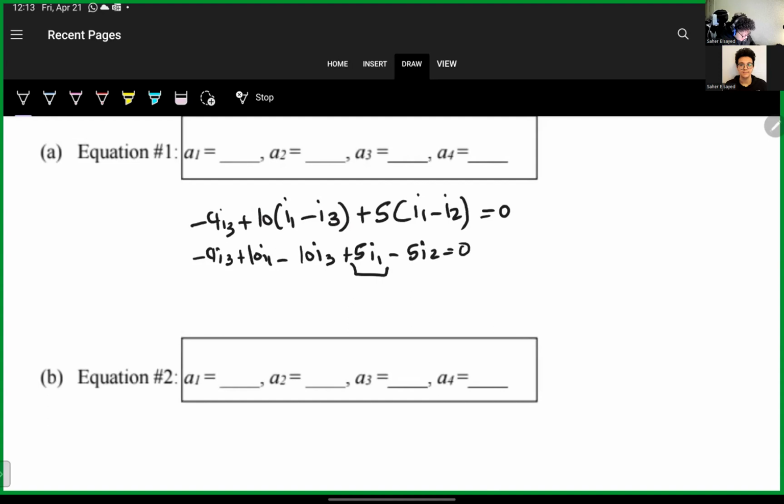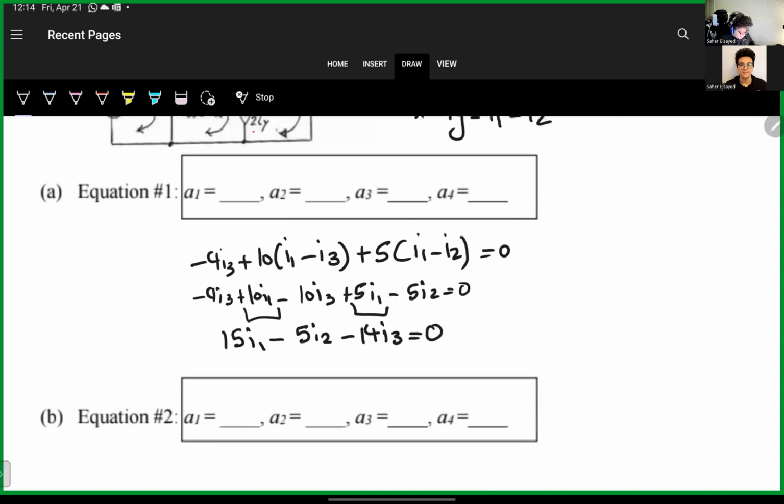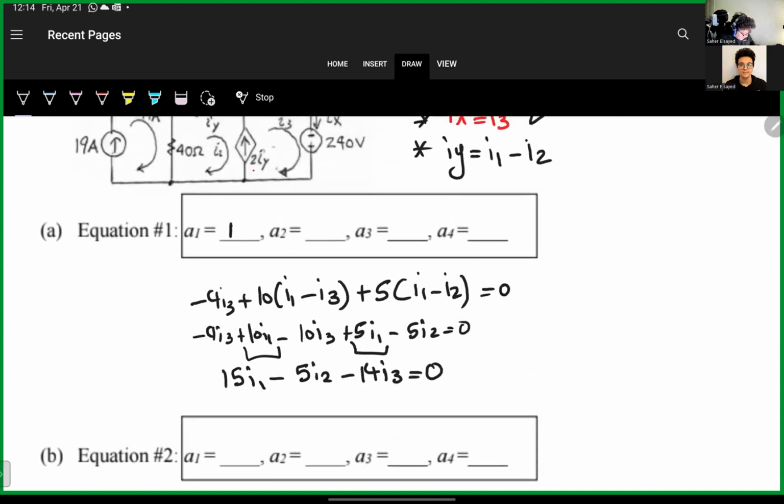So I have 5I1 and 10I1, so that's 15I1, minus 5I2, because that's the only I2 coefficient I have, minus 14I3, equal to 0. So the coefficient of A1 is 15, A2 is negative 5, A3 is negative 14, and A4 is 0.